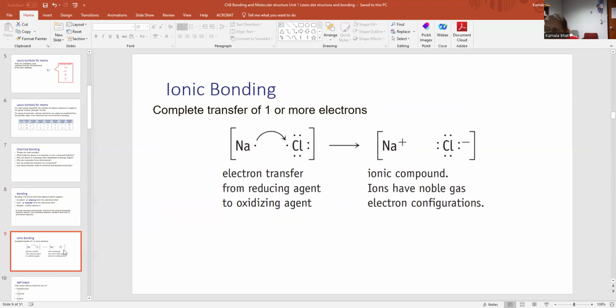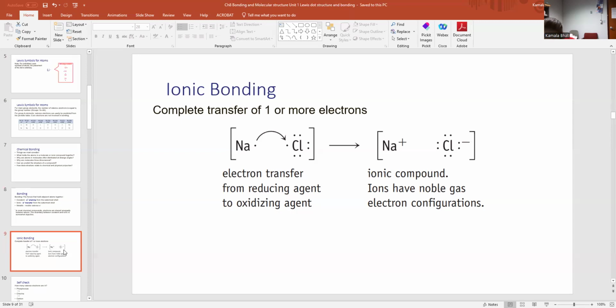In an ionic bond, the cation, the element on the left of the formula of the compound, loses its electron, and the anion gains the electron, forming the cation Na+ and the anion Cl-.